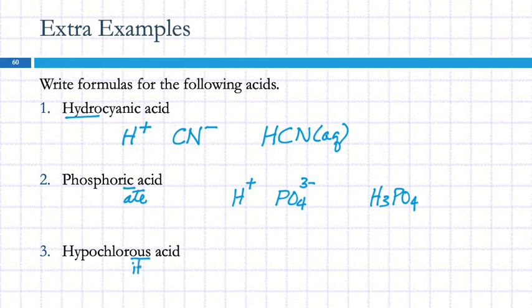Ite. So this is from the hypochlorite ion, which has what formula? ClO and a -1 charge. We need the charge because the charge is going to tell us how many hydrogens it's going to need. So for this one, we're just going to have HClO. Any questions?